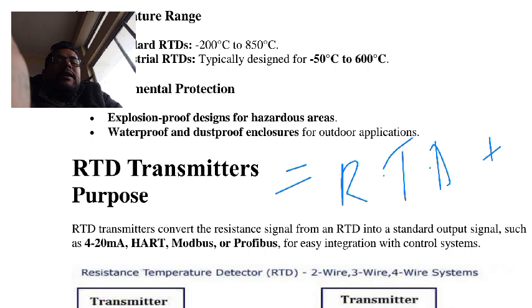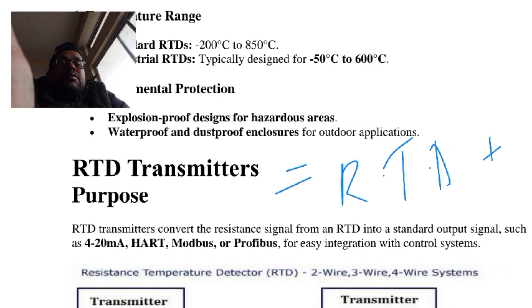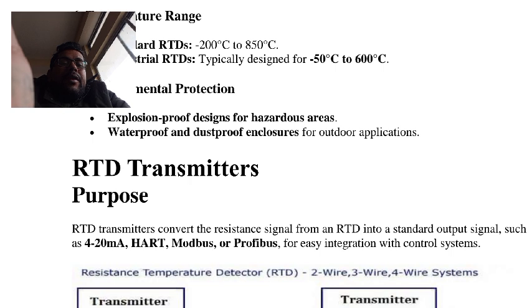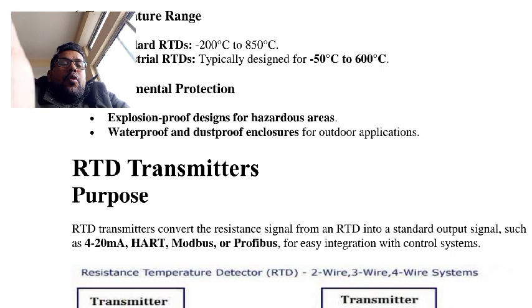The purpose of the RTD transmitter is to convert the resistance signal from the RTD into a standard output such as 4 to 20 milliamps, or HART, Modbus, Profibus, for easy integration with the control room.